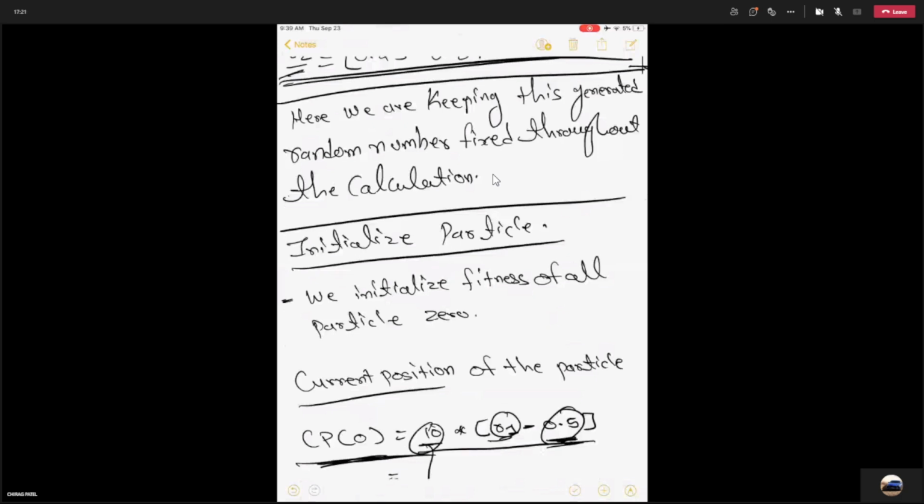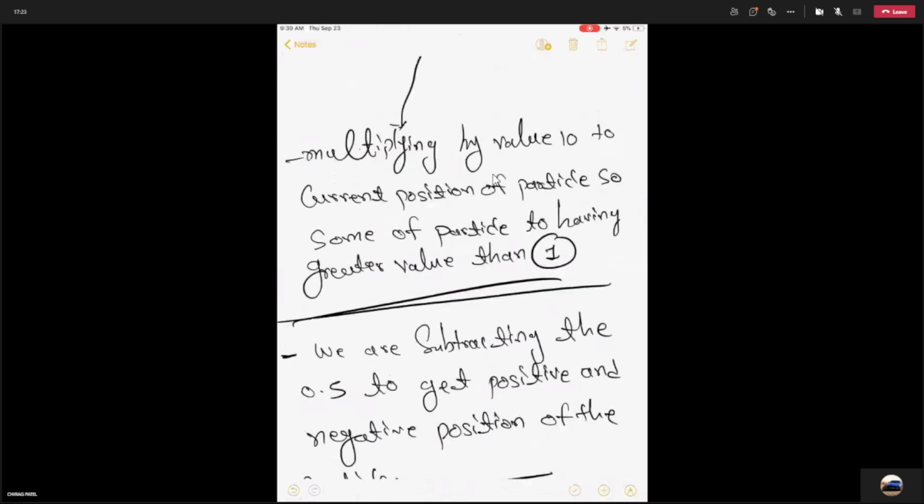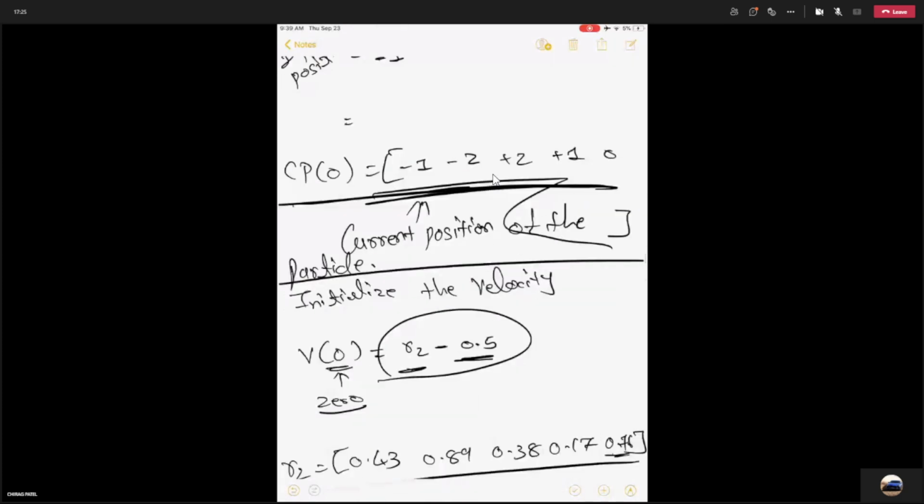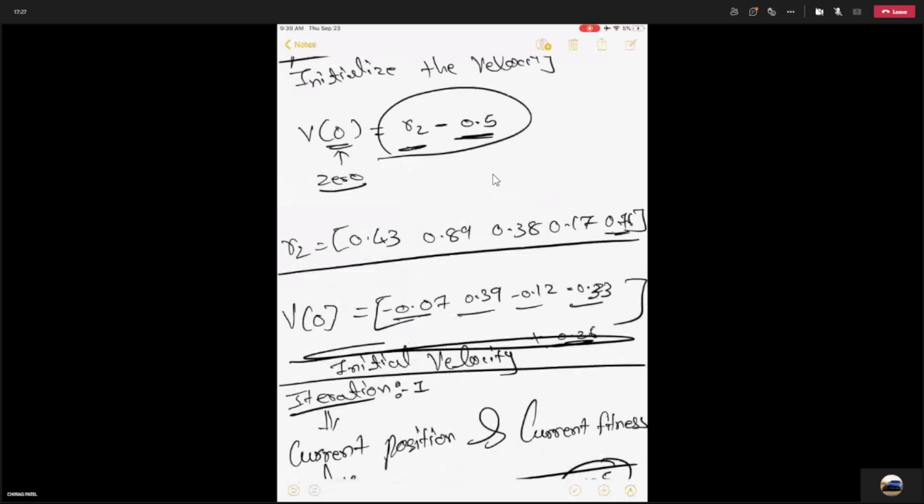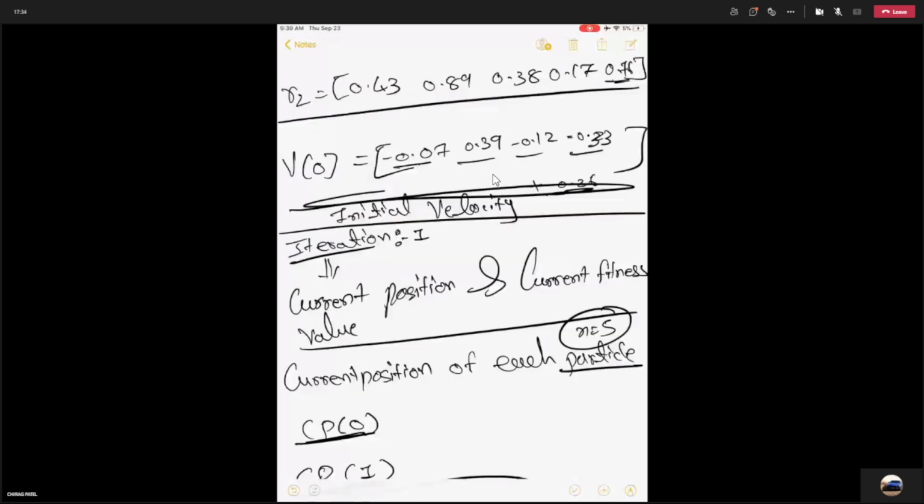Okay, what is the velocity matrix we are having? v of 1 is equal to -0.07, 0.39, -0.12, 33 and 0.26.